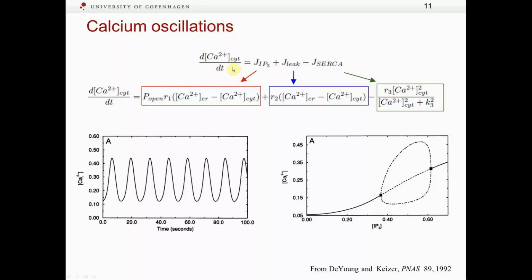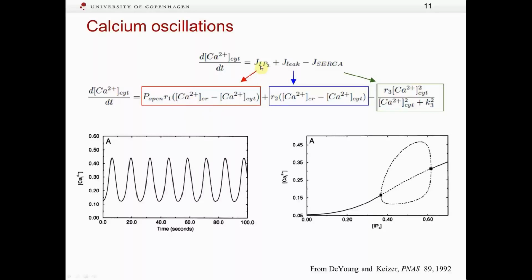So it simply says that the rate of change in cytoplasmic calcium concentration depends on efflux of calcium through the IP3 receptor channel, a leak term here, and the reuptake into the SR through the SERCA pump.